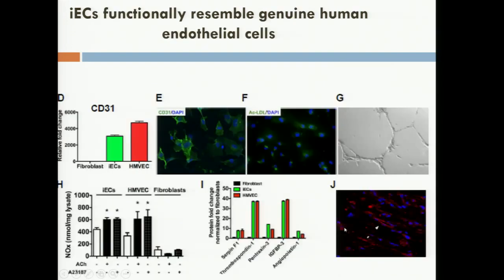And histologically, these induced endothelial cells resemble genuine endothelial cells. They express all the immunohistochemical markers, CD31. They take up acetylated LDL. They form tubes in matrigel. They make nitric oxide, just like normal endothelial cells, and very different from fibroblasts, which do not.